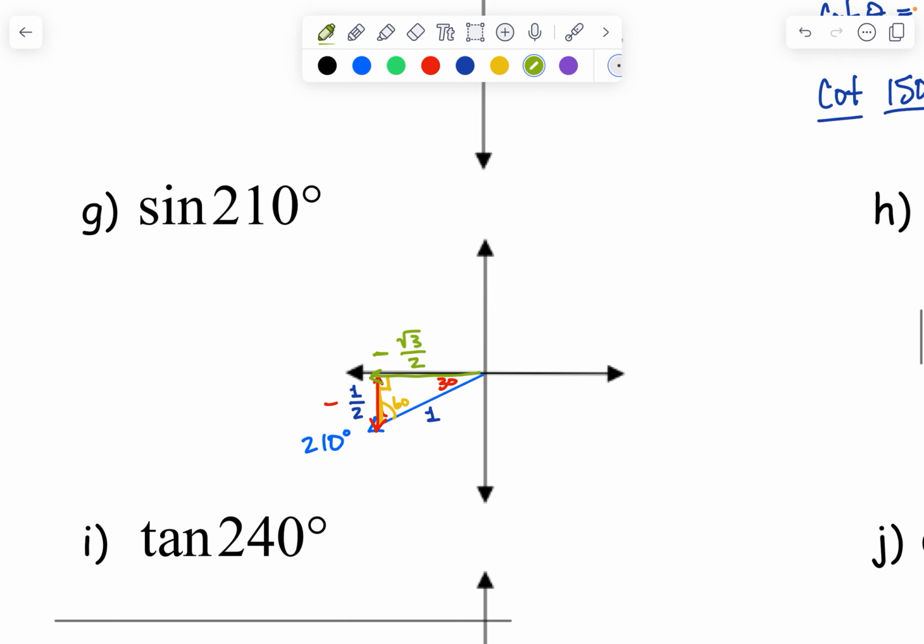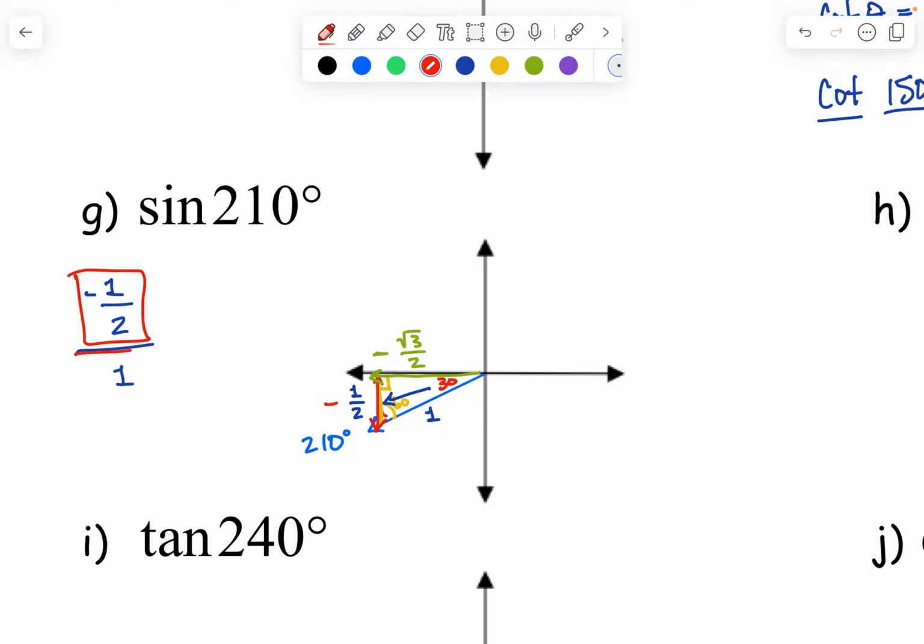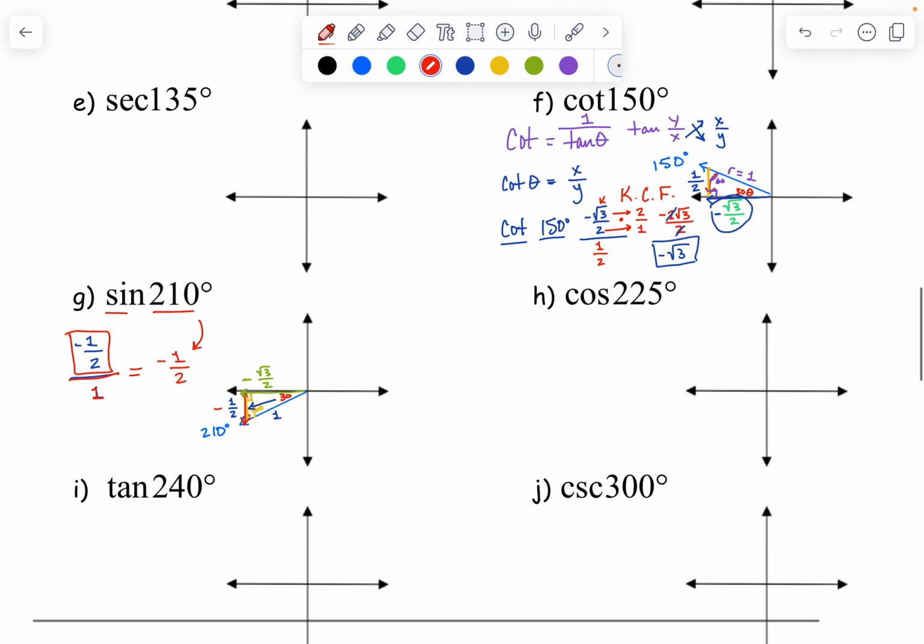So sine is opposite, or y, over the hypotenuse. Any number divided by 1 is itself. So the sine of 210 degrees, exact value, is negative 1/2.